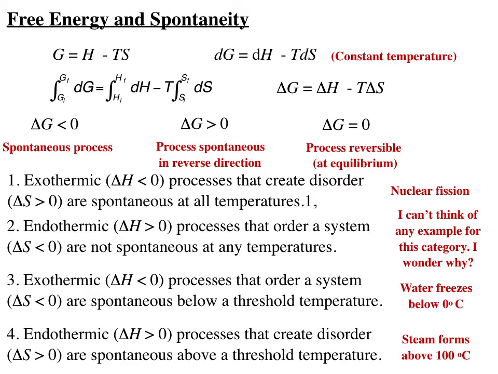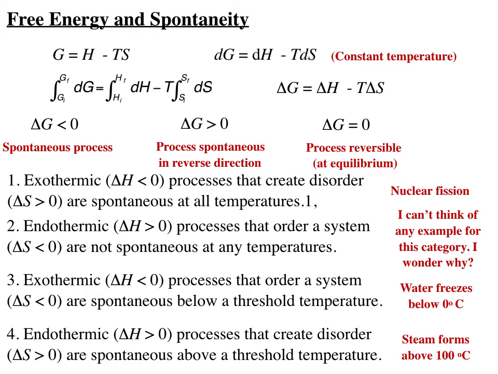Now then, the mixed bag cases: the process is spontaneous if delta G is negative. If one of the terms, delta H or T delta S, is positive and one negative, then it depends on which one is winning whether delta G will be negative or positive.